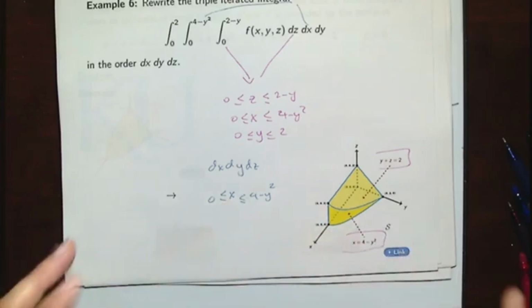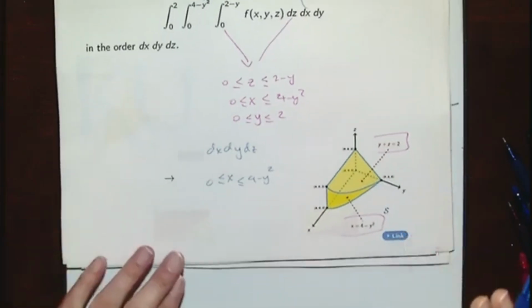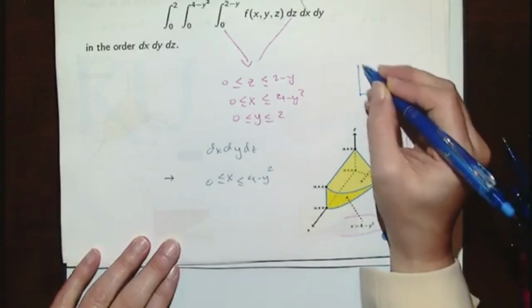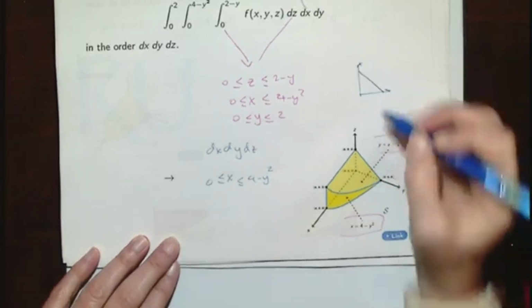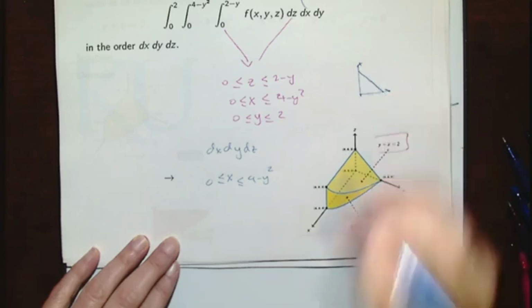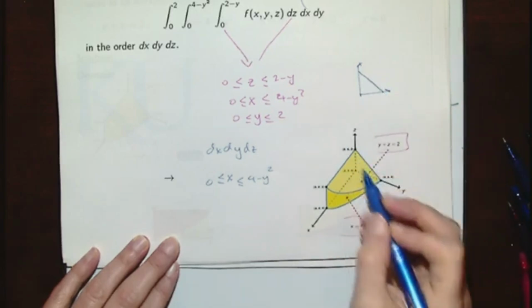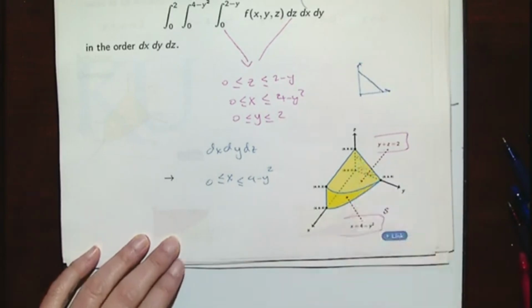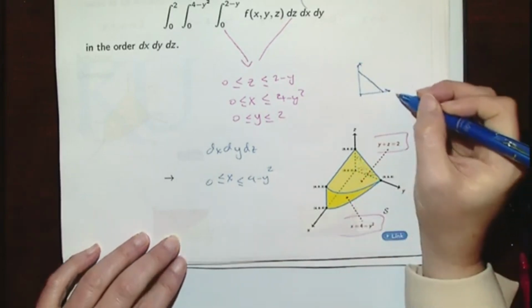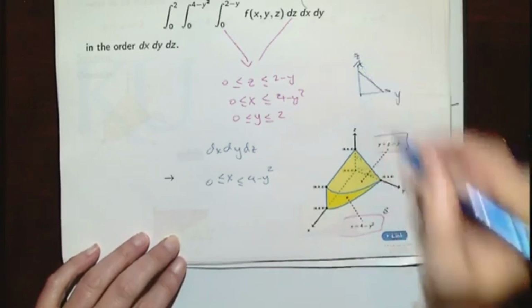So let's find that relationship. I can even look at this and tell there is a little line over here between z and y. Can you see this projection? It's right there. So y and z.